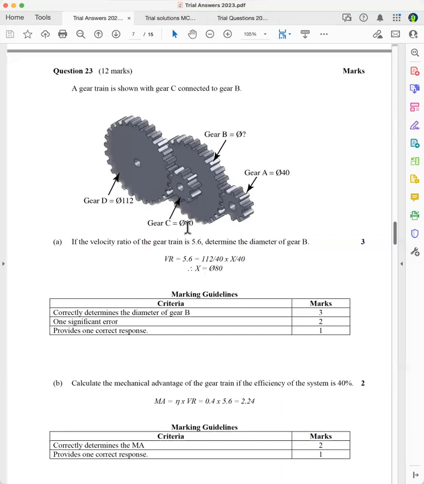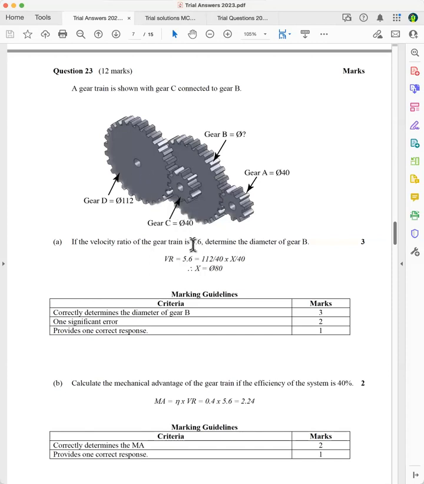Now, if you've got a gear assembly, you multiply the velocity ratios of the other gears. So if the velocity ratio of the gear train is 5.6, determine the diameter of gear B. And this is gear B here. So the velocity ratio is 5.6. So this is how you work back. We're working back from the driven gear.